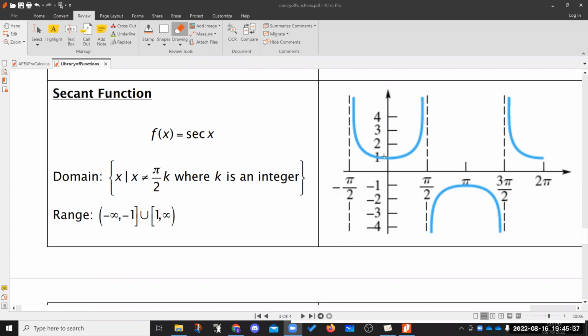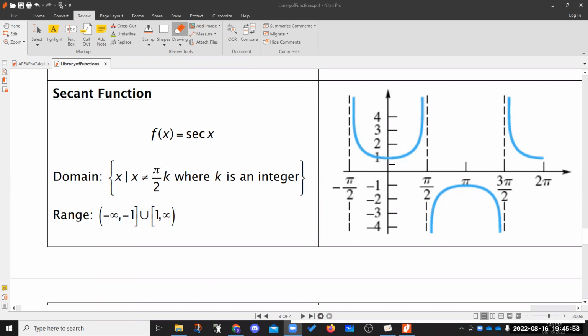So that's what it was doing here, and the reciprocal of 1 is 1. The reciprocal of 0 was undefined. The reciprocal of -1 is -1. The reciprocal of 0 is undefined, and then it's back up here at 1. So we can kind of see the cosine graph staying between there.